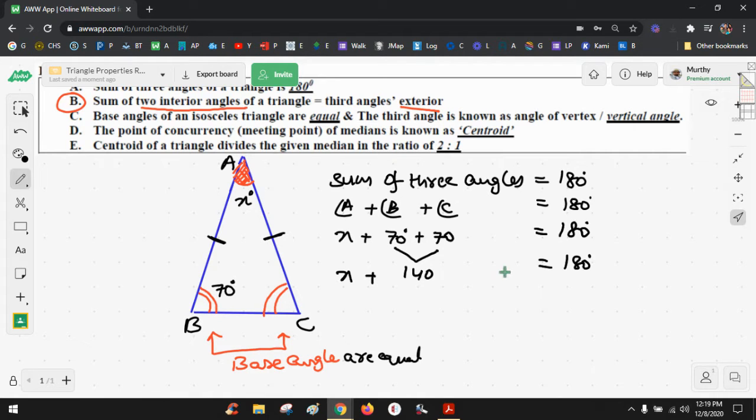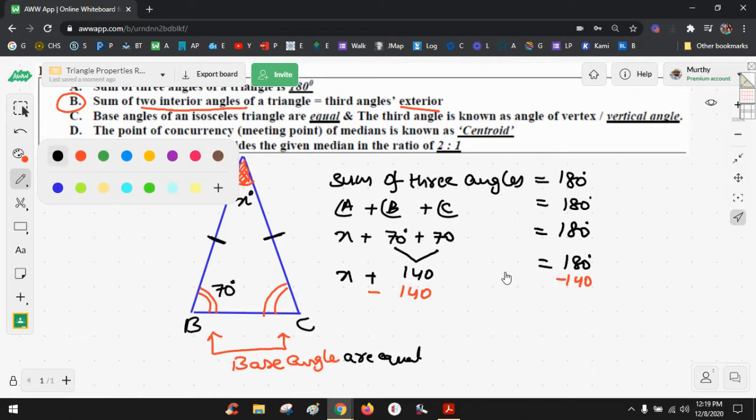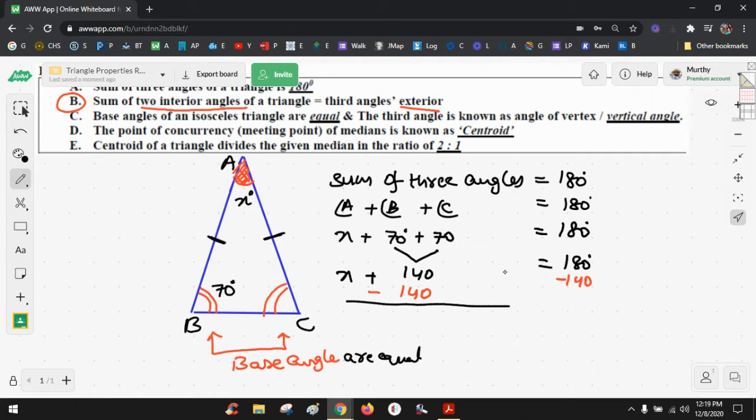Here onwards, simple algebra. So we go for the inverse operation, which is subtraction of 140 on both sides. When I do that, 140 gets cancelled, and the value of x equals, take away 140 from 180.